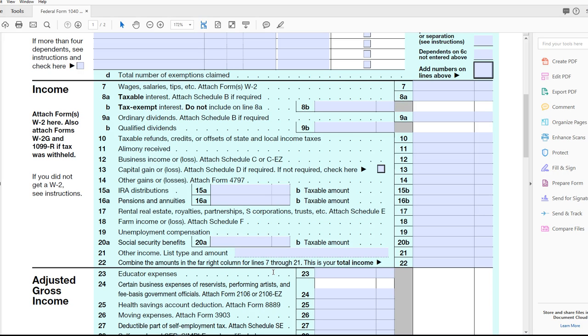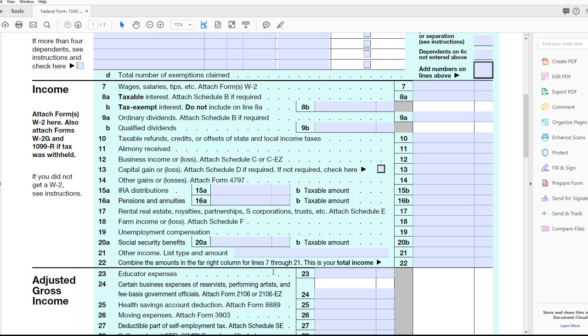Taxable interest is interest that you earn on cash accounts or bonds. Some interest is tax exempt. For example, in California, we have California bonds, government bonds, that you don't pay tax on the interest that you earn, so they're tax free. Dividends are income that are paid by corporations to provide income to their shareholders.